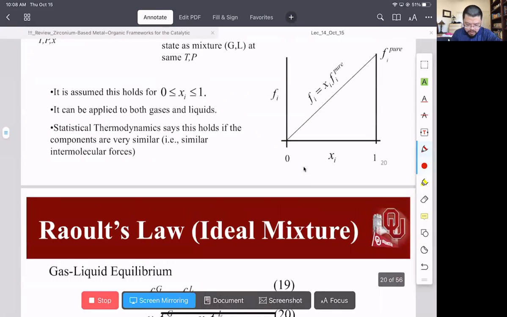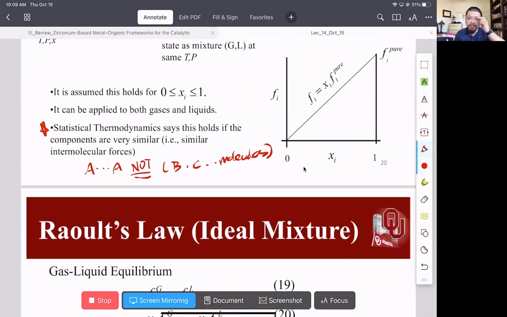So I want to add this note over here. We say the AA interaction is not affected by B, C molecules when you compare the mixture to the pure substance of A. In reality, this is possible if we have very similar molecules.